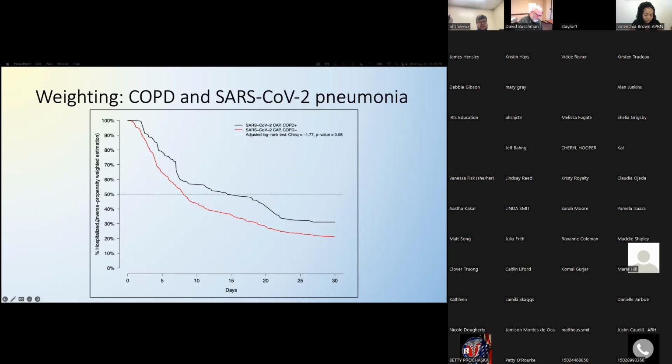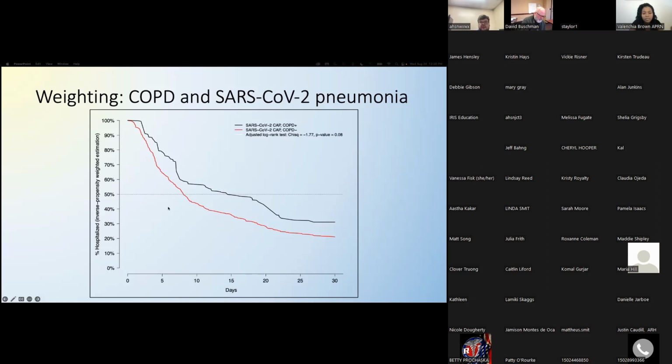And so this is the number of patients that were still hospitalized. So here we're looking at essentially length of stay. So if we look, it looks like the median time to hospital discharge for COPD positive patients was about 15 days. For COPD negative patients, it was about 8 days.